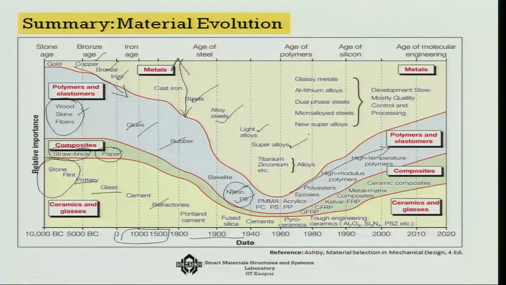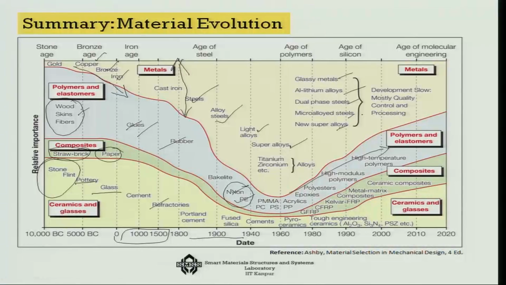So, that is quite a feat of achievement in terms of advancement of metals. Then there are various types of formations of metals like glassy metals, aluminum lithium alloys, dual phase steel, microalloyed steel, and some new super alloys.